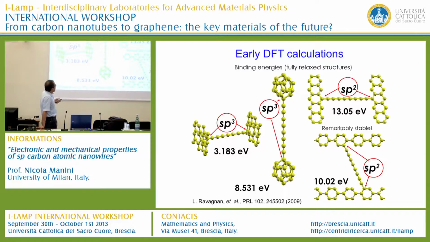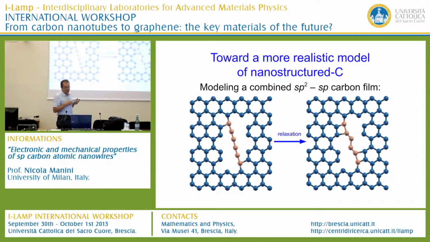So typically, in optimal conditions, the creation of the bonding between the chain and some sp2 edge will gain an energy of about 6 or so electron volts per bond. So to describe what's going on in this nanostructured carbon which is deposited in those experiments, we tried to invent some model. For example, we imagine taking a graphene sheet, digging a hole inside, and putting one of those carbon chains inside.